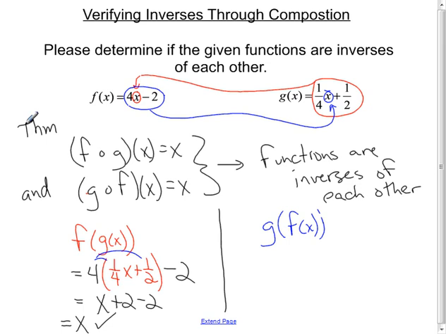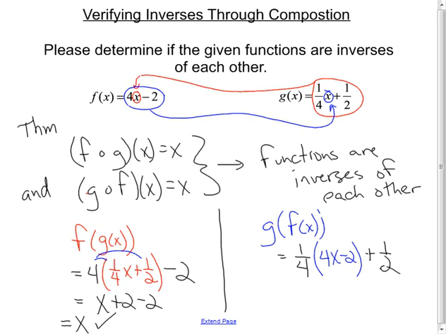So I'll get that set up here by writing 1/4 times the expression I'm plugging in blue, again, will be f of x, 4x minus 2. And then I will go back in black to 1/2.